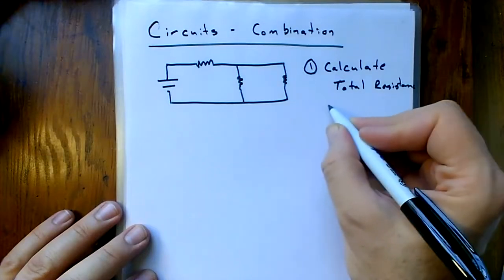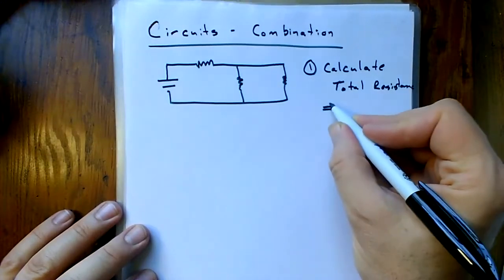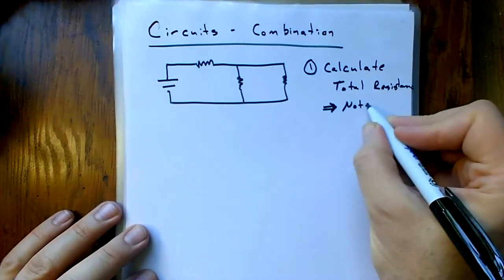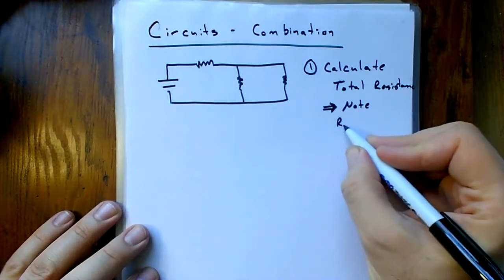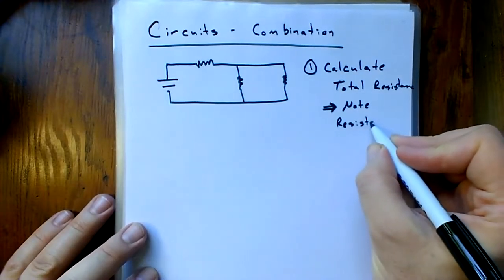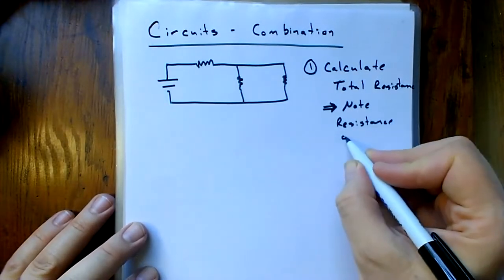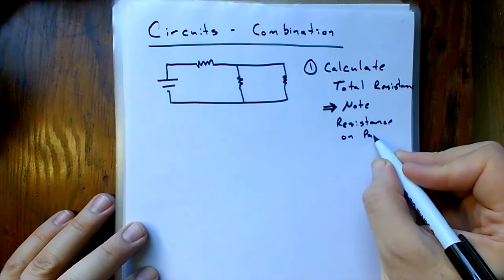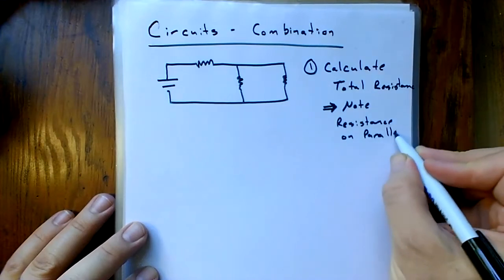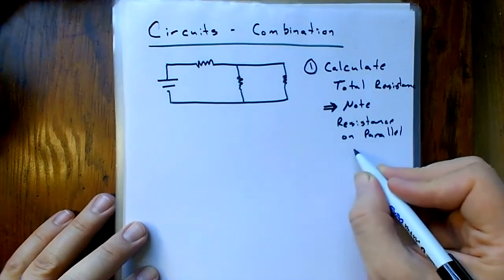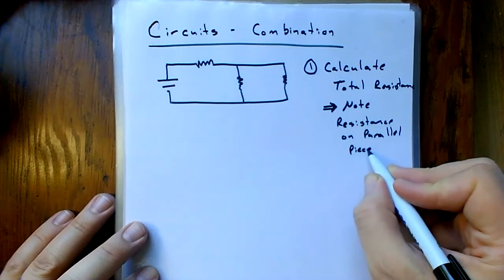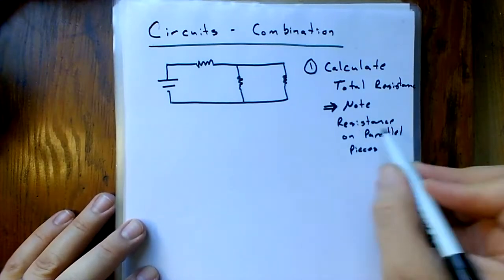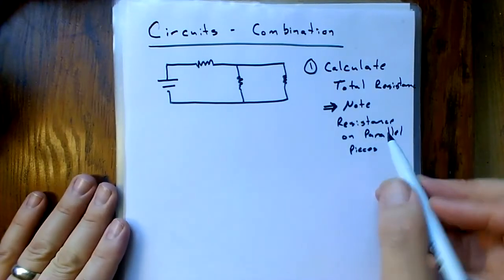And when we do this, I'm going to say, note the resistance on parallel circuits, on the parallel pieces, because that is going to be fairly important to us later.